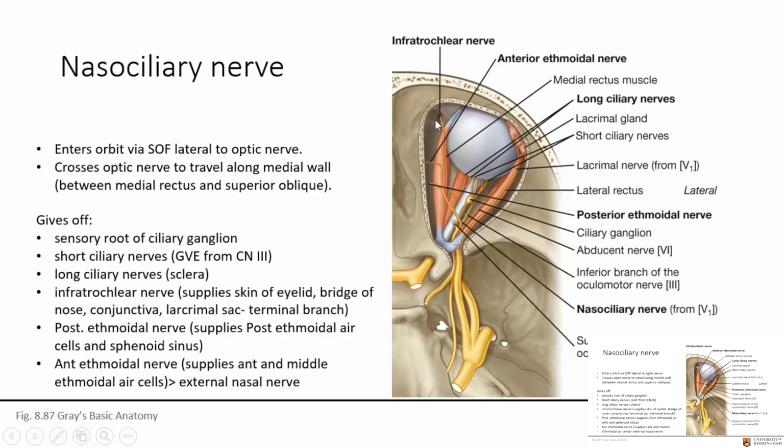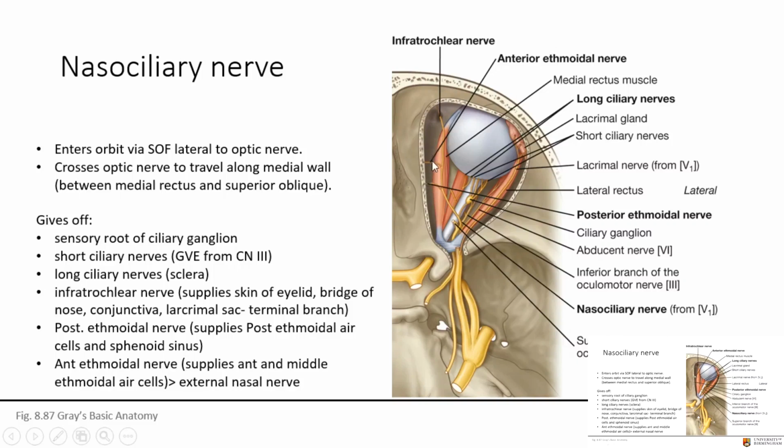Specifically they will supply the anterior, middle, and posterior ethmoidal air cells, and they will pass through the anterior and posterior ethmoidal foramen and will open into the nasal cavity.